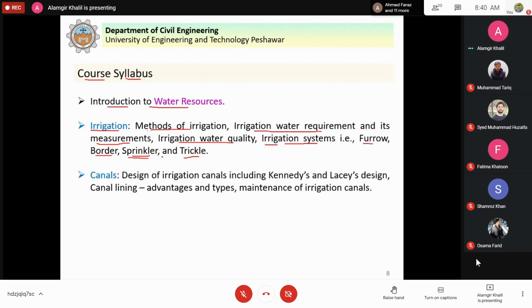Then we will study about canals. As you already know, a canal is an artificial channel that carries the water. So we will study about the design of irrigation canals. We will design them, and as per your syllabus, we will apply Kennedy and Lacey's theories to design the irrigation canals.